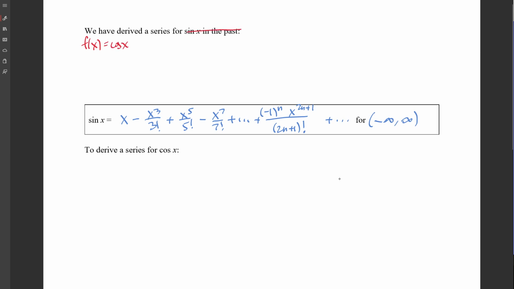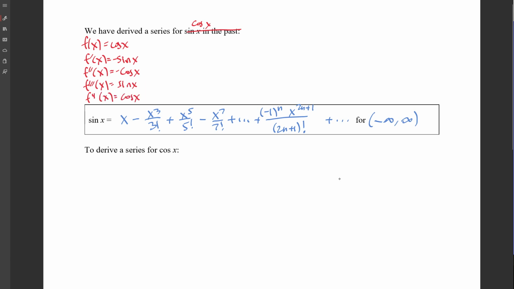So I'm going to develop a table for cosine x here. F prime of x is equal to negative sine x. F double prime of x is equal to negative cosine x. F triple prime of x is equal to sine x. The fourth derivative will be equal to cosine x.